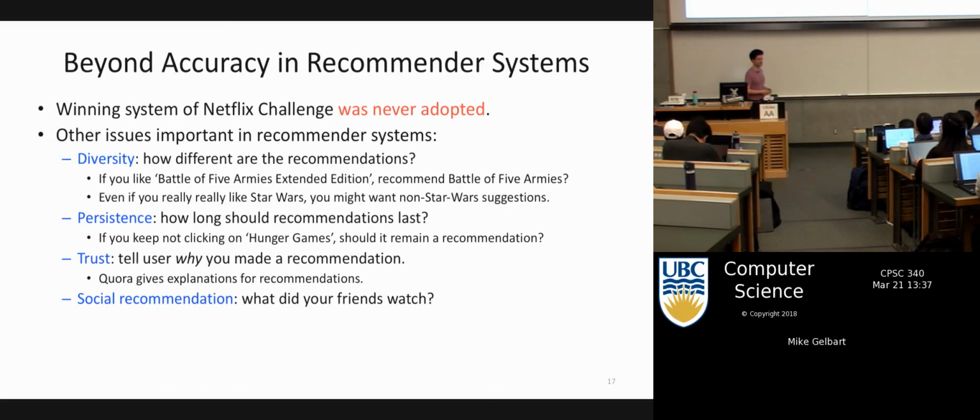Another thing is this issue of persistence. So if I don't click on something for a month, then even if the algorithm still thinks it's the best, maybe it's not the best anymore. So that's a kind of training data in a sense, right? That I didn't click on it.